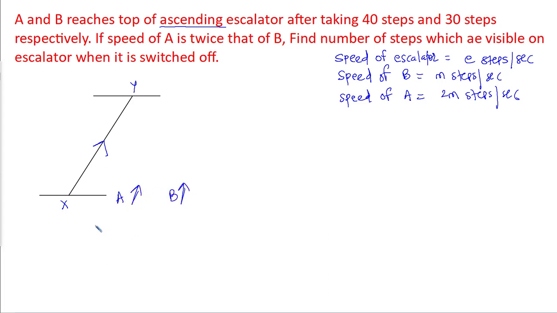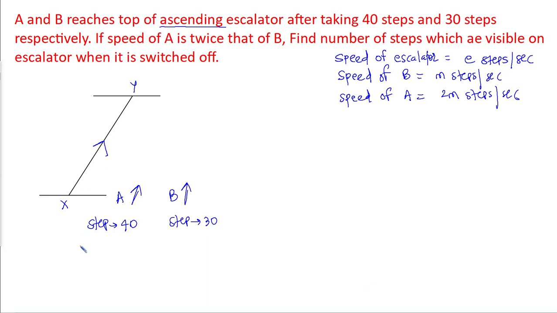A took how many steps to reach the top of the escalator? A took 40 steps, and B took 30 steps to reach the top of the escalator. So A took 40 steps by using his own efforts, and B took 30 steps by using his own efforts.